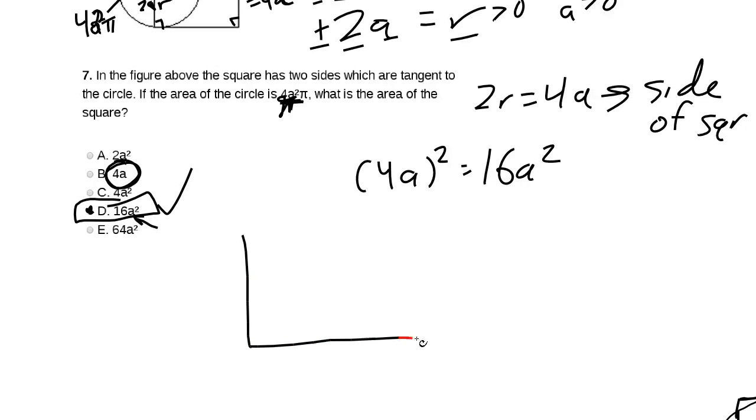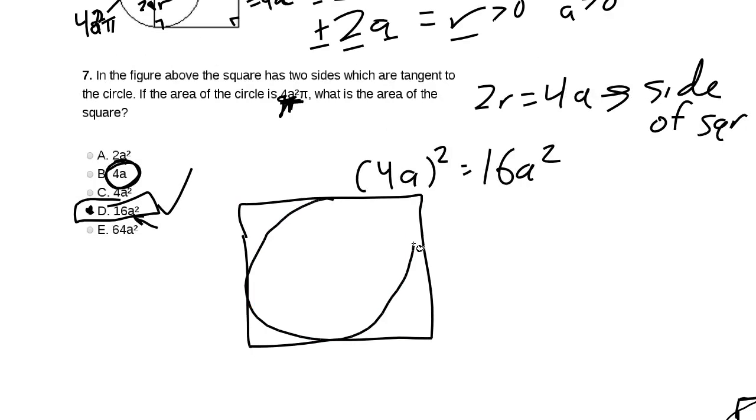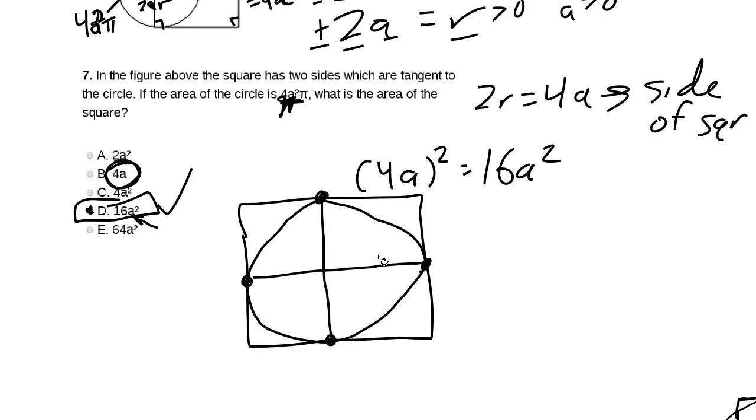As a matter of fact, the circle could be right smack dab in the middle of the square, even though it's really hard for me to draw that. In which case, this says it has two sides, but it could have all four sides.